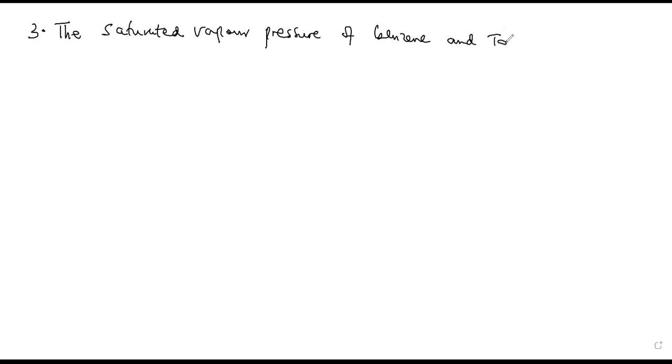And this is example 3. The saturated vapor pressures of benzene and toluene are 957 millimeters of mercury and 378 millimeters of mercury respectively.